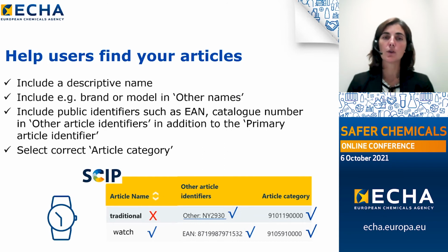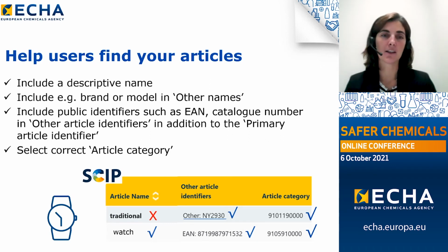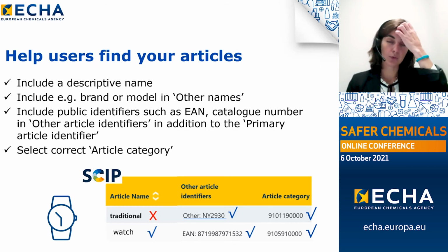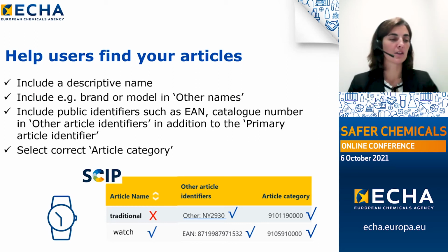Also, you can include other public identifiers like the EAN number, the barcodes, or other catalog numbers, other identifiers that you include in your catalogs. The idea is to support the users of the data to identify the articles that are notified.